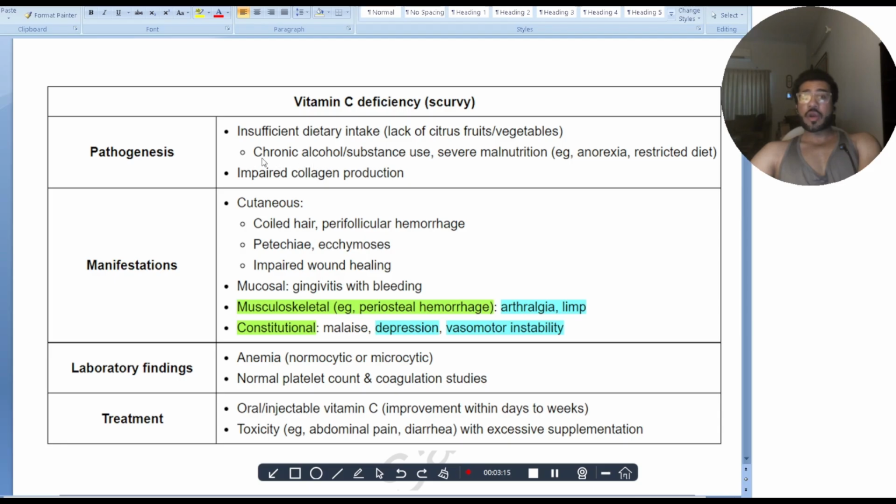Really common in chronic alcoholics because of nutritional deficiency, in severely malnourished individuals such as anorexia, and insufficient dietary intakes. Usually a child who does not like to eat fruits, alcoholic, or a person with anorexia is gonna present. You need to keep the demographic in mind in order to catch the diagnosis.